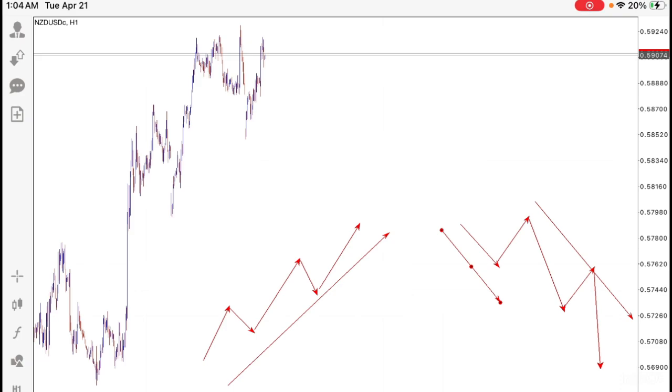Now, the last trend we have is a trend whereby the market is neither bullish nor bearish. So what's happening then? The market is just moving straight ahead. And you're going to be like, really? Does this happen in the market? Absolutely. And guess what?